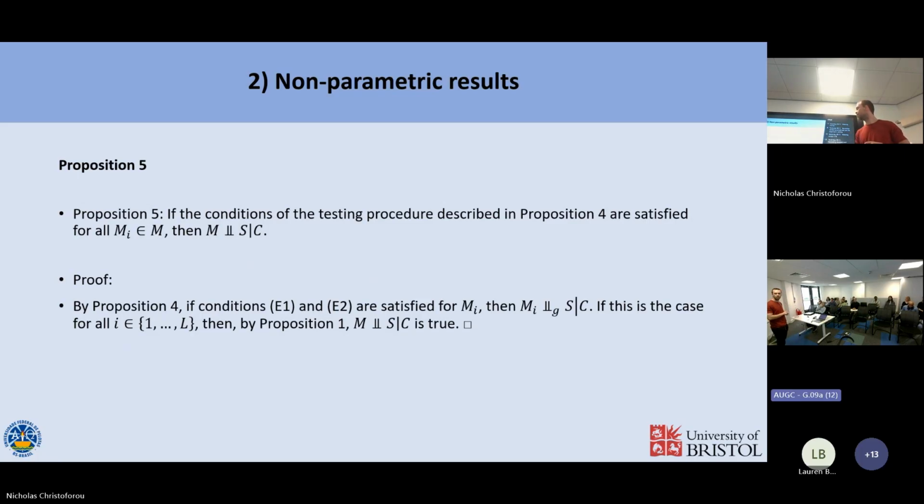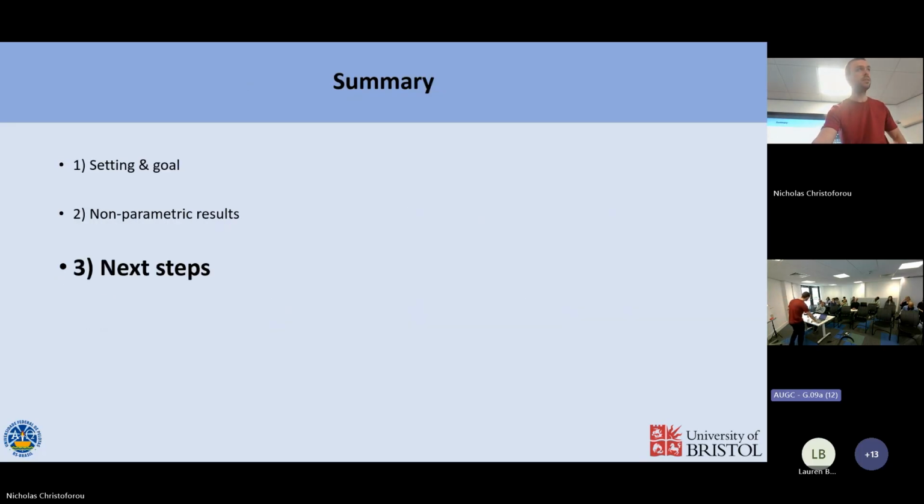If all 5 incomplete variables, for example, satisfy the conditions of proposition 4, then I know that for each one of them, they are d-separated from S conditional on the complete variables, but that just means that M as a whole is independent of S conditional on the complete variables by proposition 1. That's why proposition 1 was there, to allow me to put everything together at the end. So that's pretty much what this is all about.